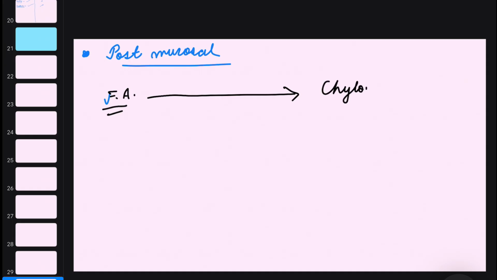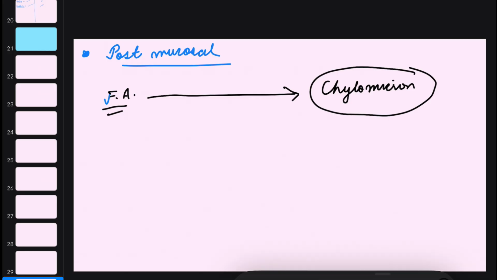For chylomicron formation, we need a process, and that process is called esterification.